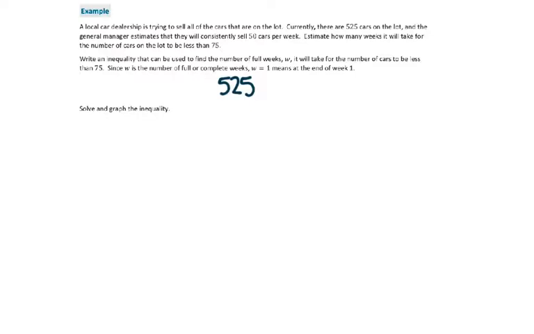The general manager estimates that they will consistently sell 50 cars per week. So that means that we're going to take away 50 cars each week. So I'm going to subtract 50W from the total amount of cars that are on my lot. And then it says, estimate how many weeks it will take for the number of cars on the lot to be less than 75.